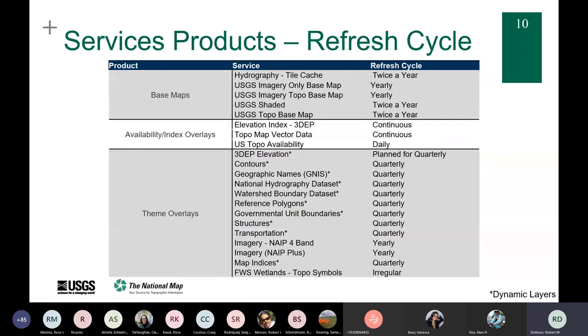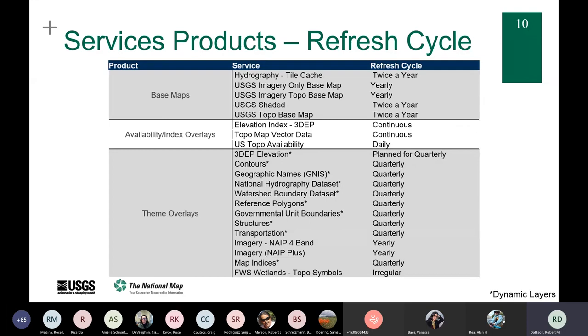Al touched on some of the refresh, for example, about when new data might be showing up in the service. Our cache-based maps take quite a bit to build. They're built on a biannual, or twice a year, basis. The imagery service is at least yearly, sometimes twice a year, depending on our NAIP cycle and when we're doing it. But most of these, like the imagery cache and the hydro cache, you would see get updated twice a year.